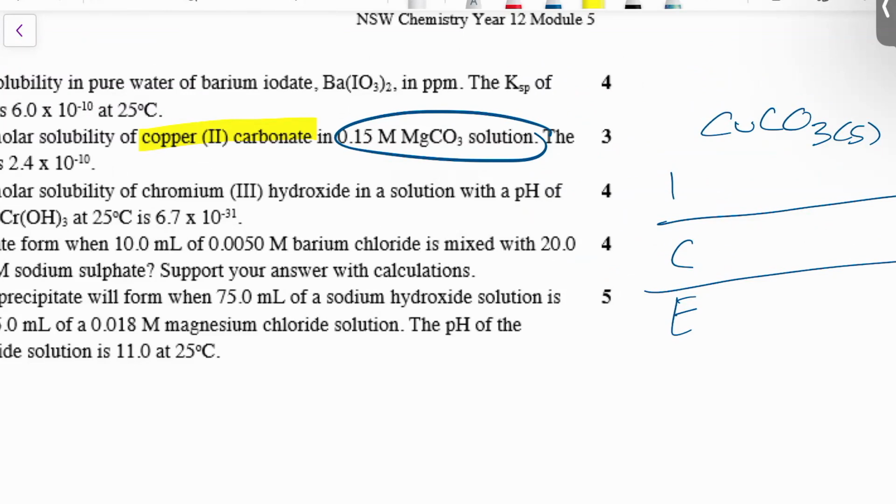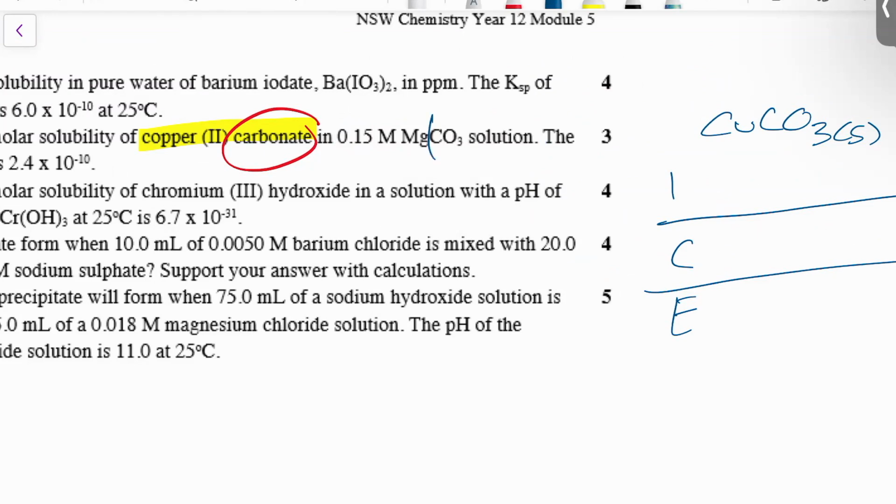Copper carbonate, magnesium carbonate. The common thing is the carbonate. Before you sub the concentration in though, watch out, like we talked about last lesson, they've given you the concentration of MgCO3. You only want the CO3 part. This is a polyatomic ion. You're not looking at the 3 on the oxygen.